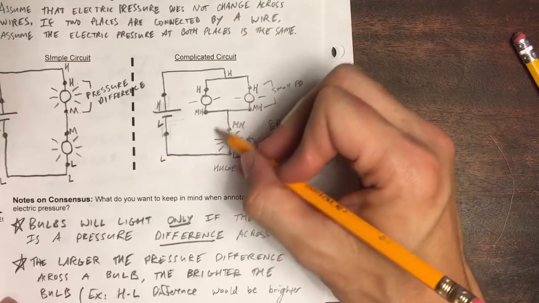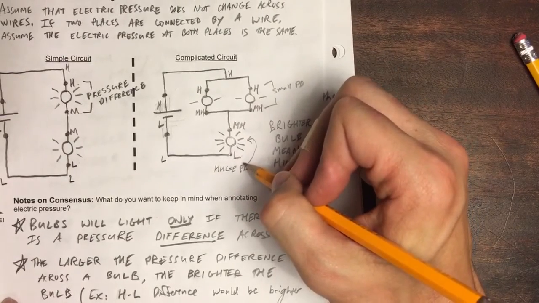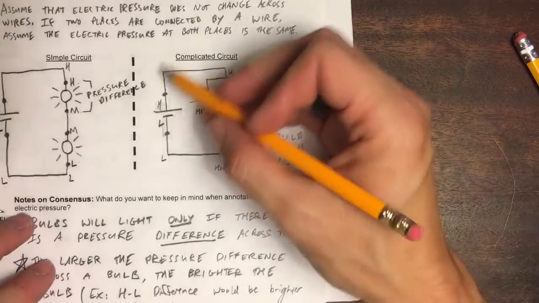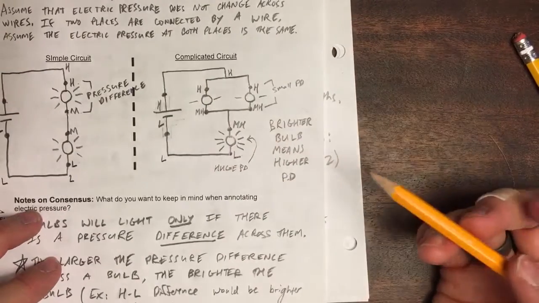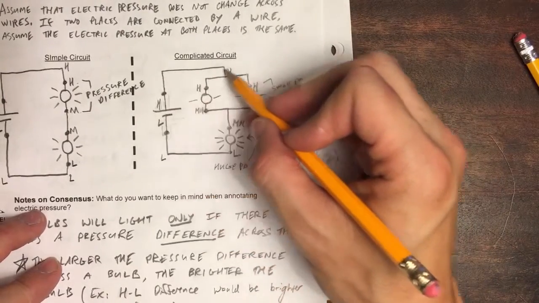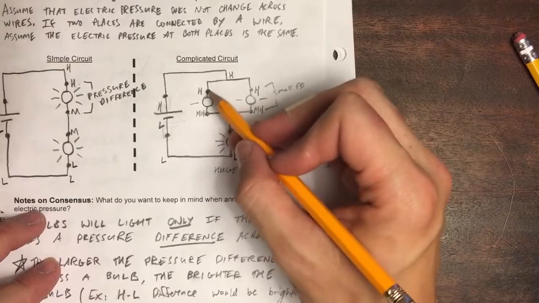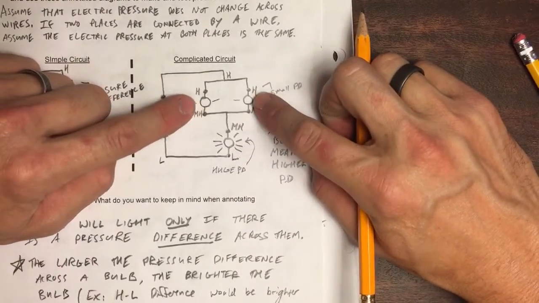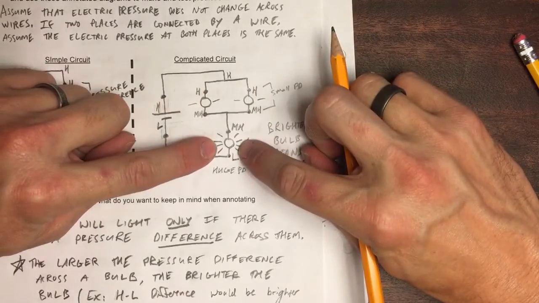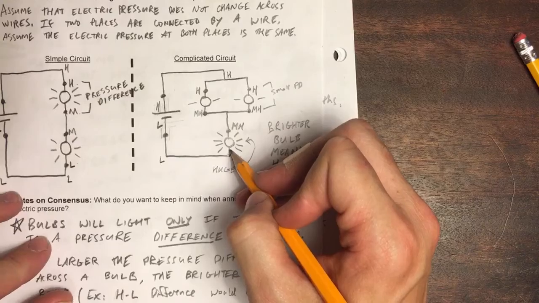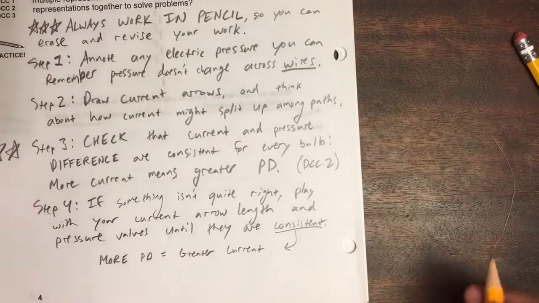A greater pressure difference from medium high to low means more current, a longer arrow. And in fact, we could see, we didn't annotate current on this, but you could if you wanted to. The current splits up, like the current comes out of the battery and it splits up. Half of it goes through this bulb and half of it goes through this bulb. That's why these two bulbs were less bright than this one, because all of that current has to go through this one bulb.